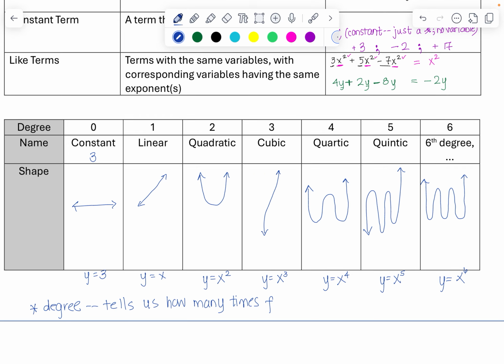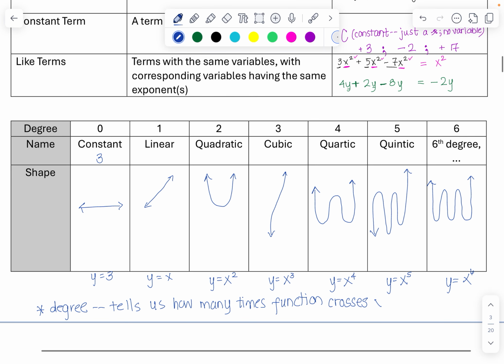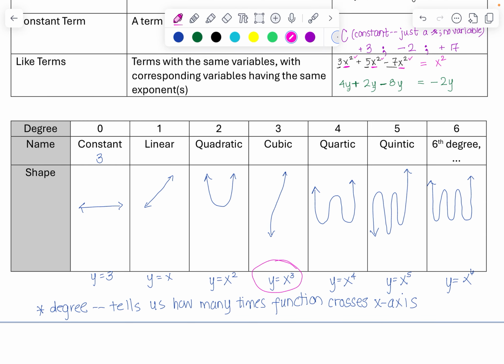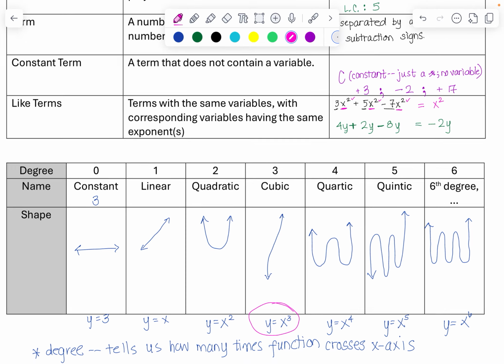Not always, but sometimes. So the exception would be cubic. But we'll revisit that in Algebra 2. For now, this is your vocabulary.